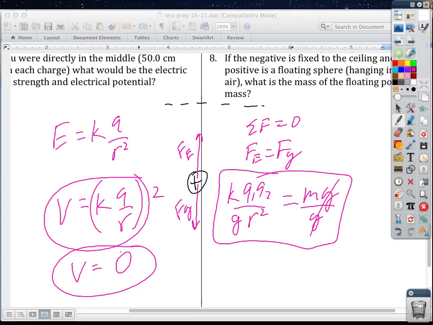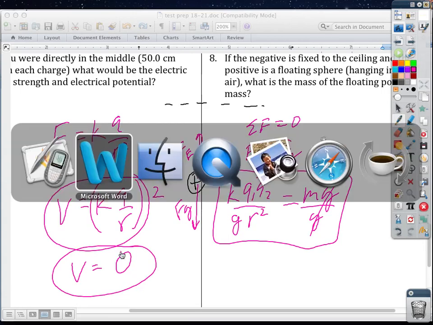Really? You see why? Because it's K, and then Q1 is 500 microcoulombs, and Q2 is negative 500 microcoulombs, and they're both the same radius, so they cancel each other out. Isn't it absolute value though? Not for electric potential.